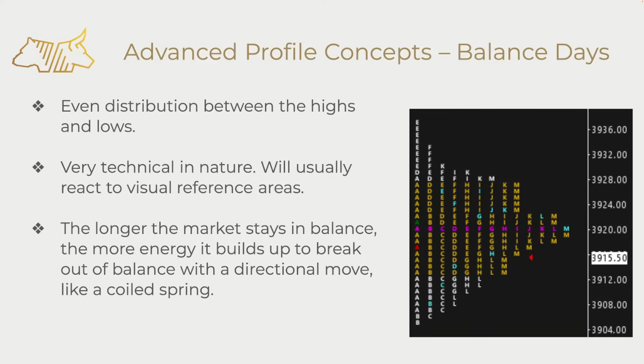It's a dynamic system, right? And the more energy the market builds up, typically that means that at some point it's going to break out of balance with a strong directional move. You can almost imagine a very tightly coiled spring ready to just release a bunch of energy.